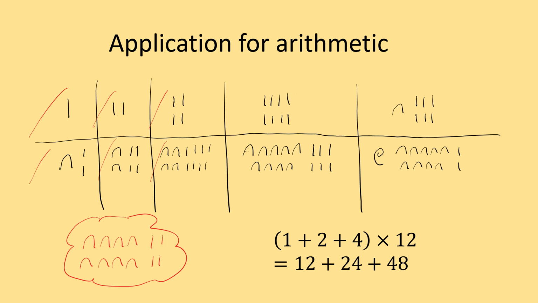So if I want to show this using the distributive property and using the Hindu Arabic numerals, I could write this as parentheses 1 plus 2 plus 4, close parentheses, times 12. Usually we combine the 1 plus 2 plus 4 and simply write 7 times 12.